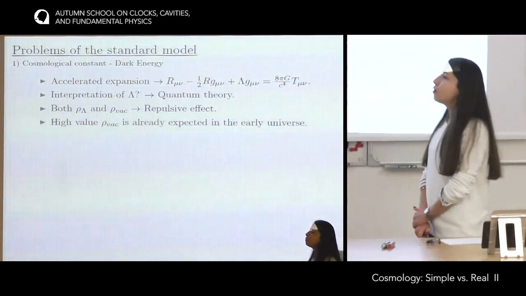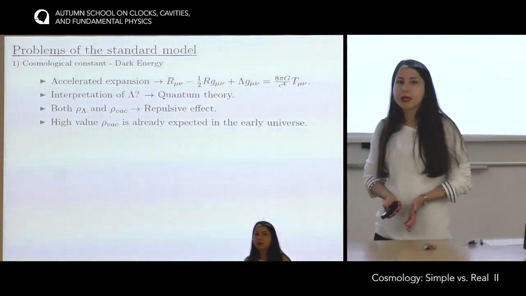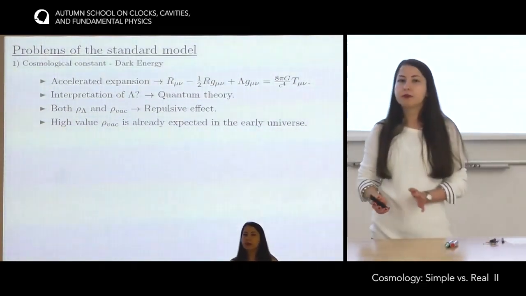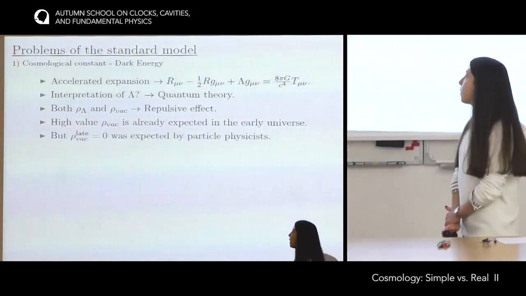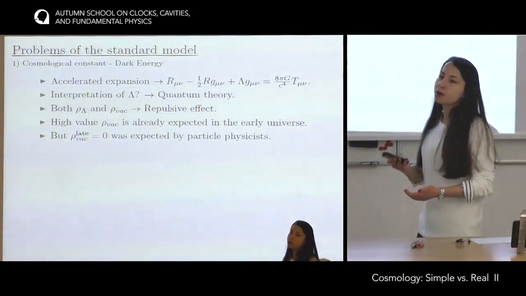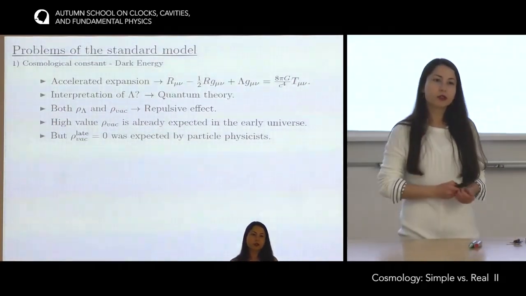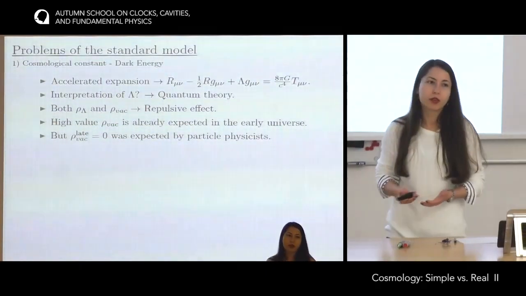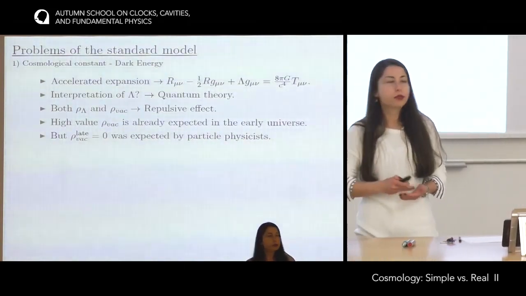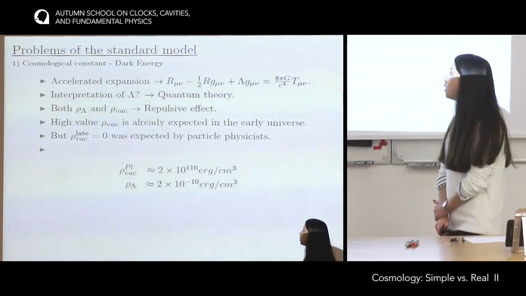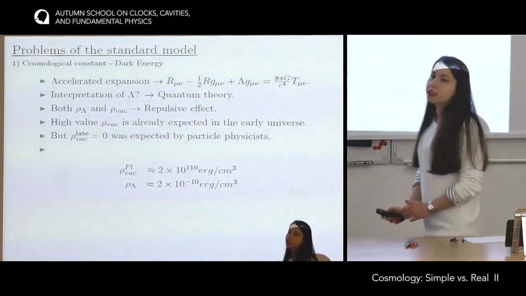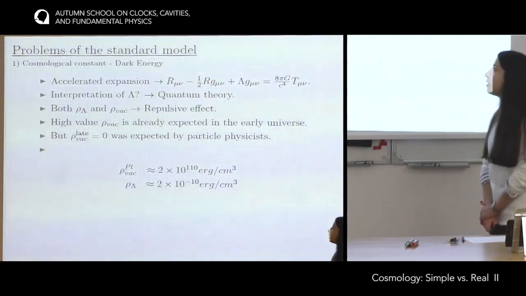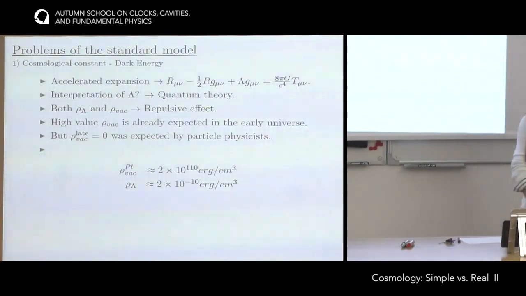And a high value of vacuum energy is already expected in the early universe. Particle physicists, quantum field theory people, already knew about that. And there were processes to make it exactly zero, annihilation of the virtual particles, etc. And they were expecting this term to be exactly zero. So when you calculate the energy density of vacuum at the Planck era, it's about 10 to the 110 ergs per centimeter cubed.